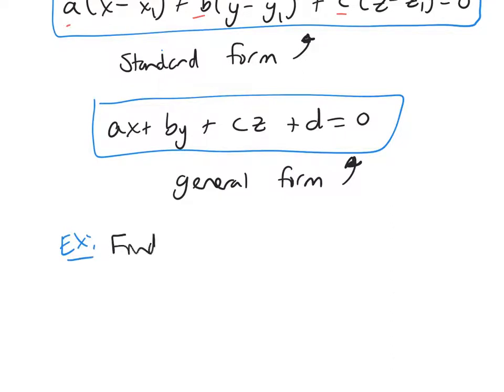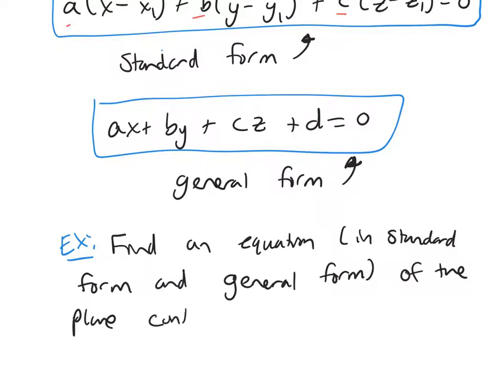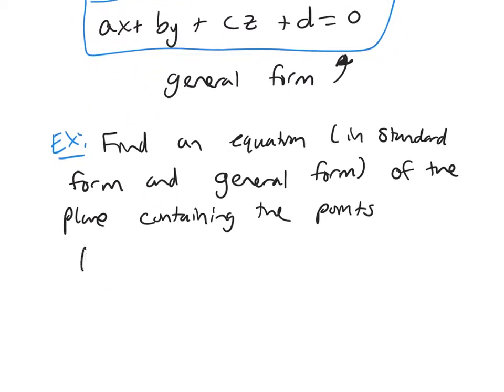Let's find an equation, in standard form and general form, of the plane containing the points (2, 1, 1), (1, 4, 1), and (-2, 0, 4).